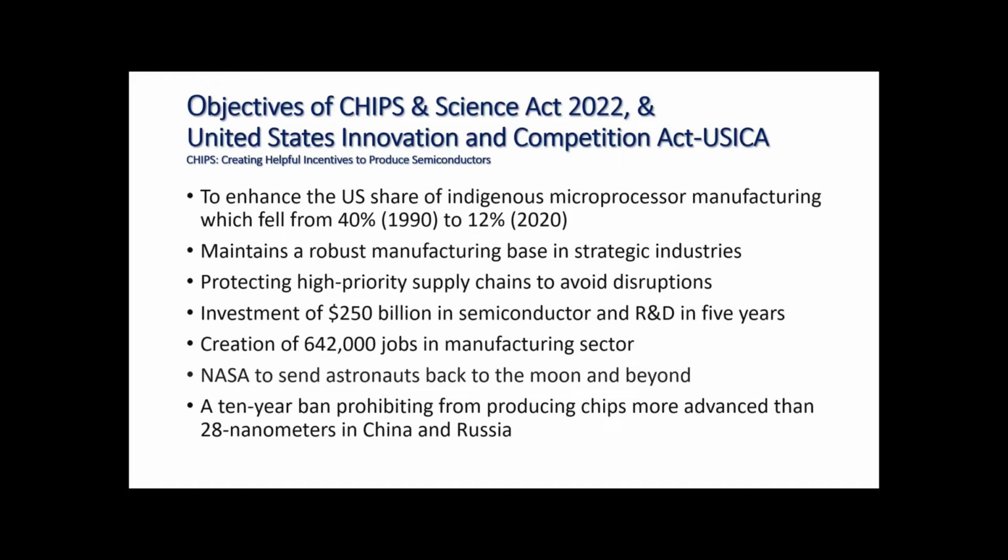But America has put the ban at 28 nanometers, not 4 nanometers. It means China and Russia will not be able to take advantage of those technological developments until and unless they embark upon a journey of rigorous and similar research and development programs.